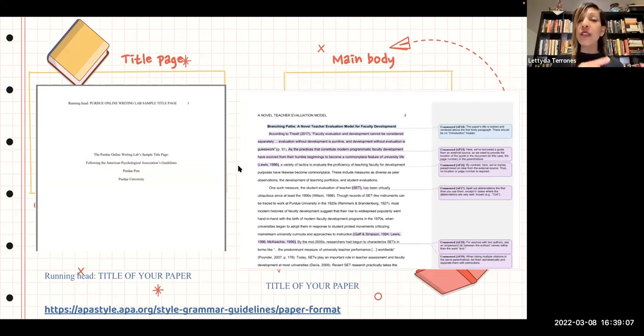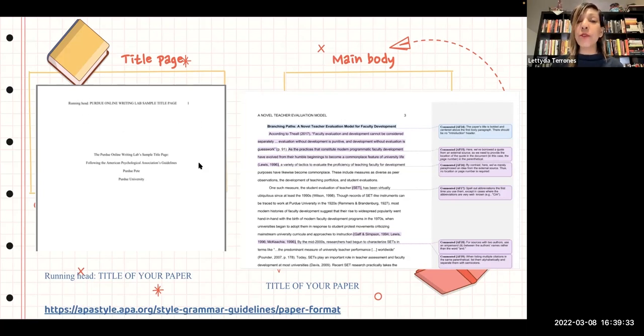The rules for APA 6th edition just got revised, and it's now APA 7. So APA 6 used to have this running head as part of the first page of the title page, and then it would segue into the main body of your paper. It just goes into an abbreviated version of your title page. So in APA 7th edition, they took out this rule.